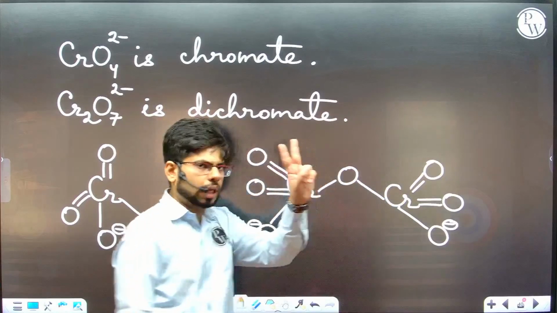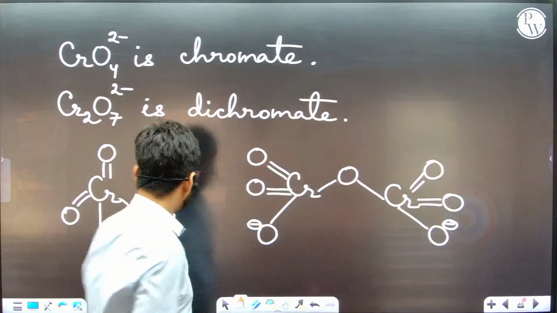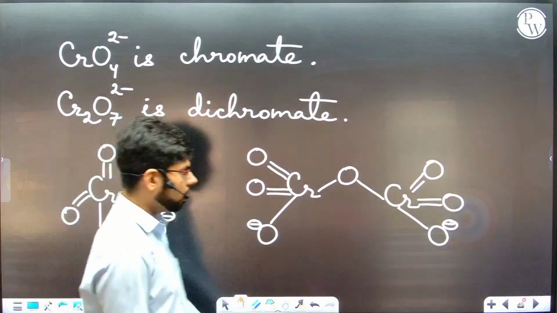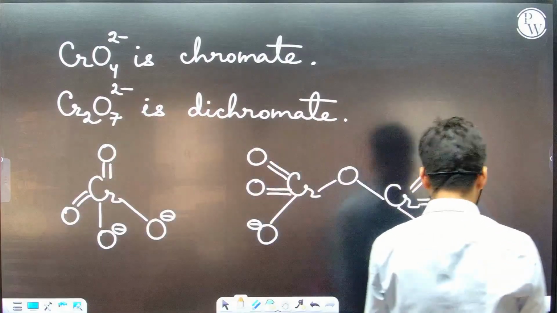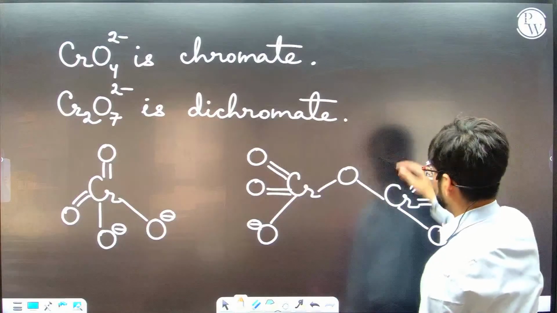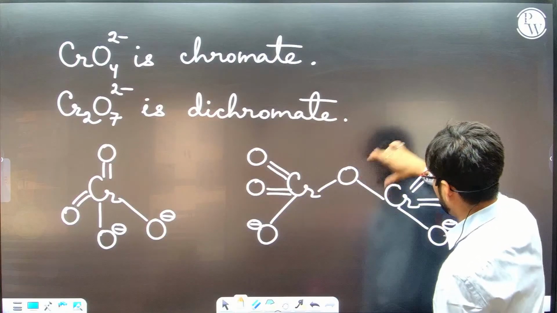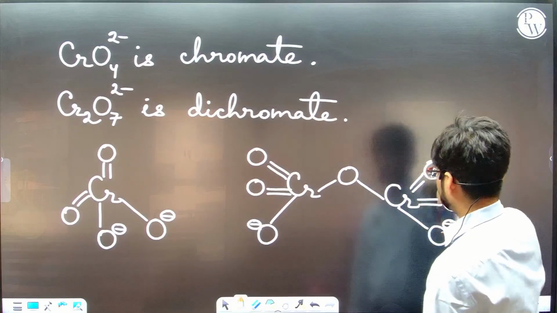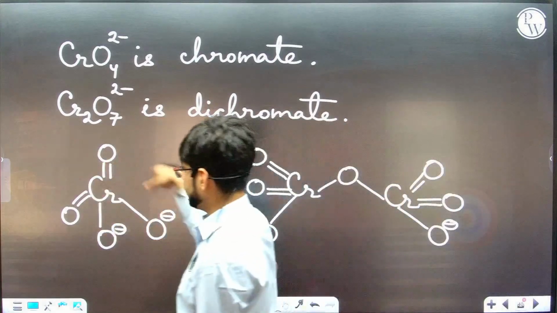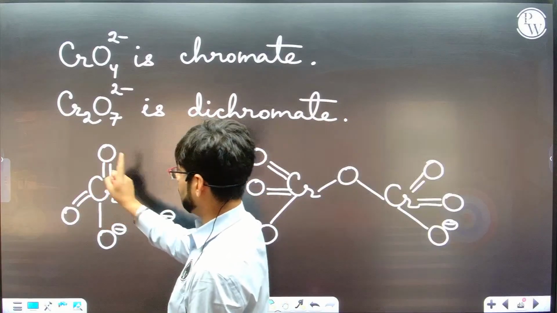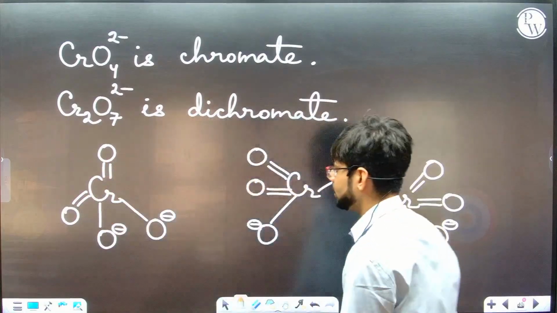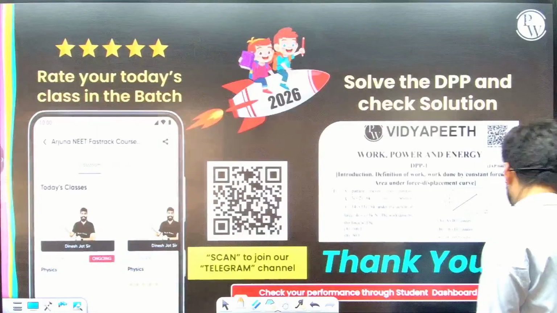That means there are 2 types of Cr-O bonds in Cr2O7 2-, one type is this and the other type is this, whereas here there is only 1 type of Cr-O bond. So there is only 1 type of Cr-O bond in CrO4 2-. This is very important. Okay. Thank you.